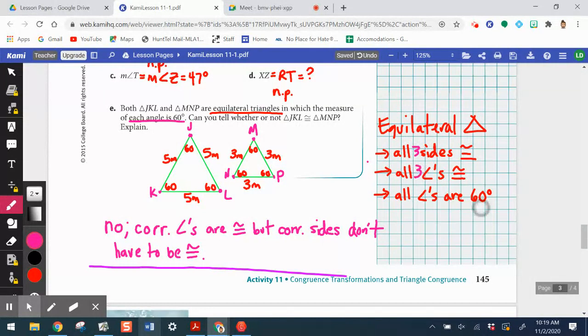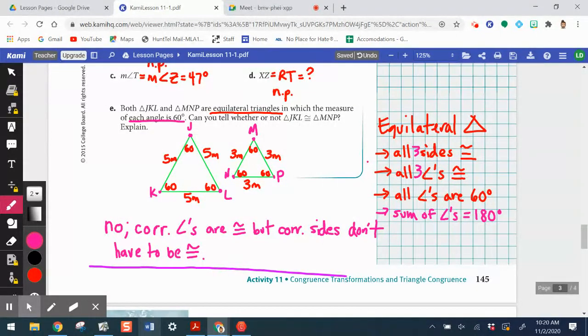And the reason we know that all equilateral triangles will have 60-degree angle measures is because the sum of angles in a triangle is 180 degrees, and if all three are equal, we divide 180 by 3. So all of the angles in an equilateral triangle are 60 degrees.